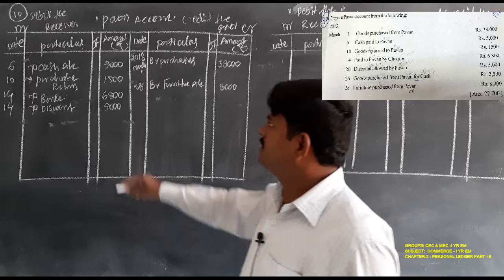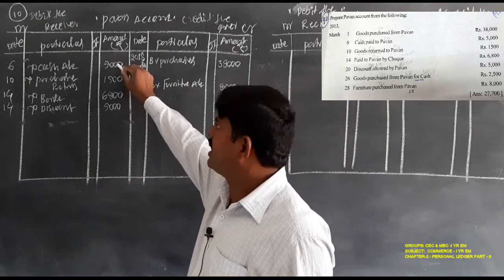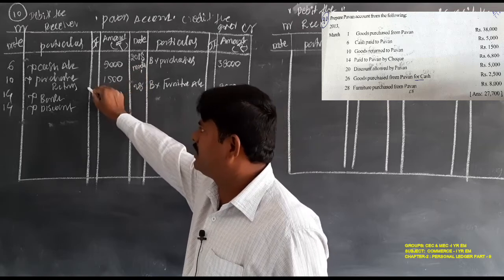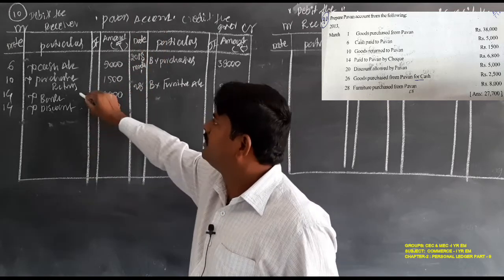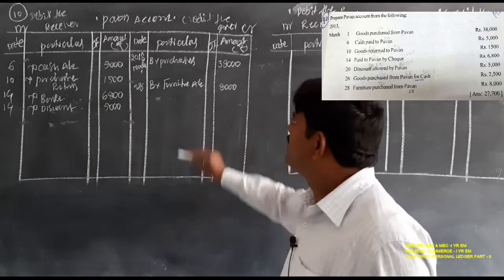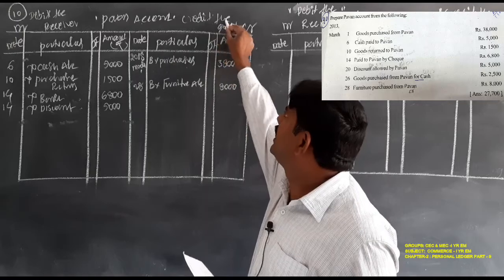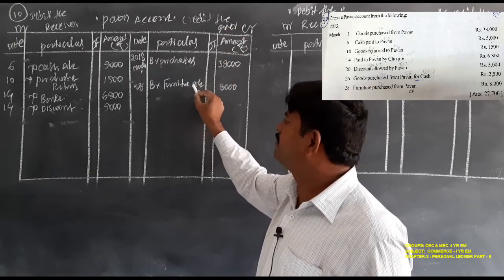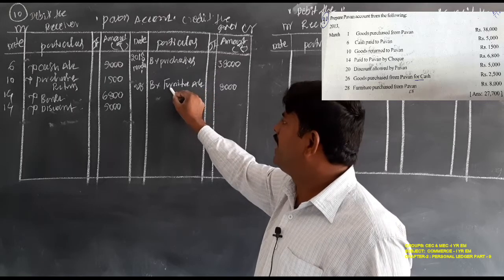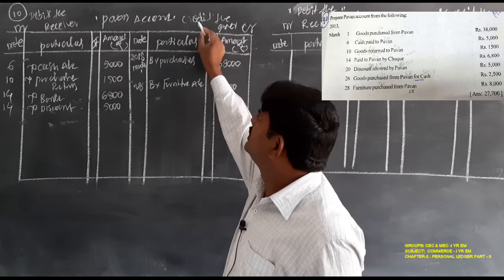So as per this transaction, receiver, Pavan. So record this side. As per this transaction, purchase from Pavan, credit the giver. So this side. And purchase furniture from Pavan. And as per this transaction, Pavan is giver and credit.